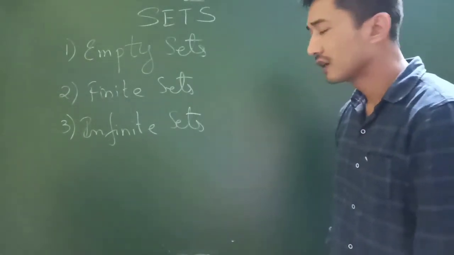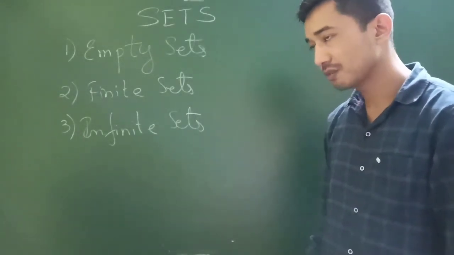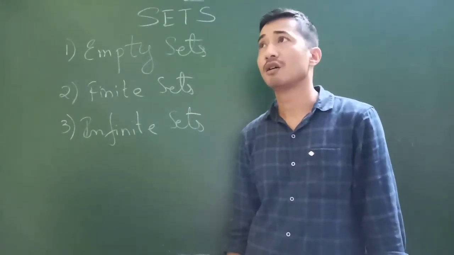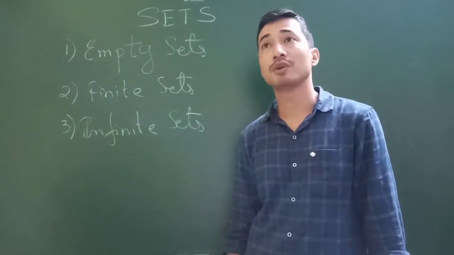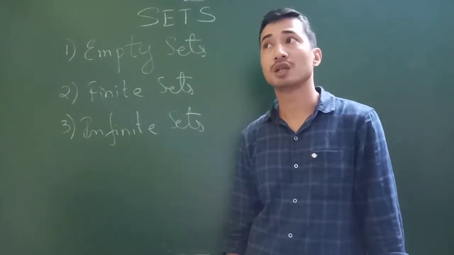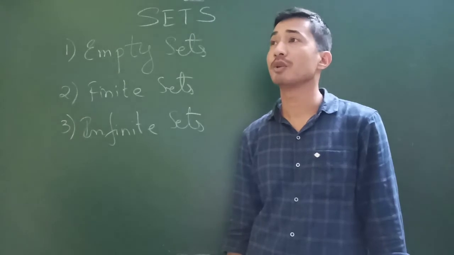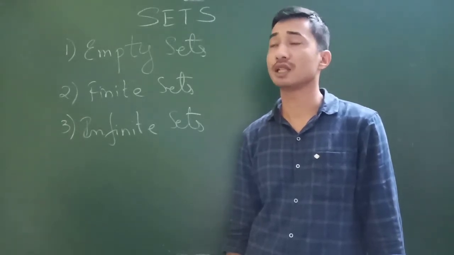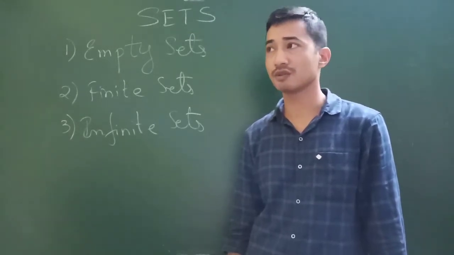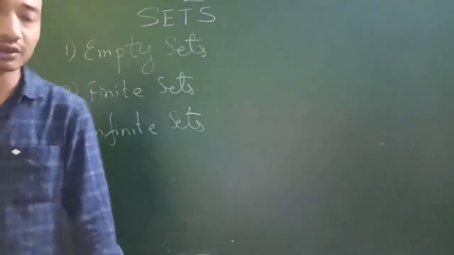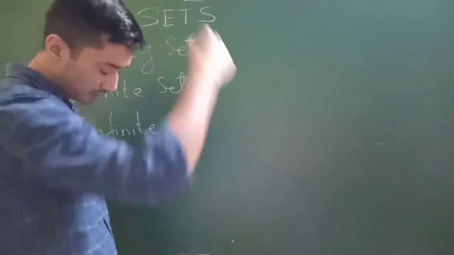Examples of finite sets: prime numbers up to 100, that's a finite set. Even the population of people in this world, that also we can count, so that's also a finite set. But when I say set of natural numbers, it's quite simple. I tell you, write down the set of natural numbers.